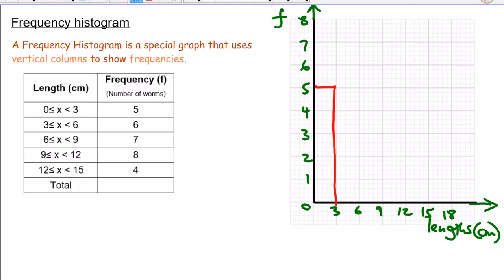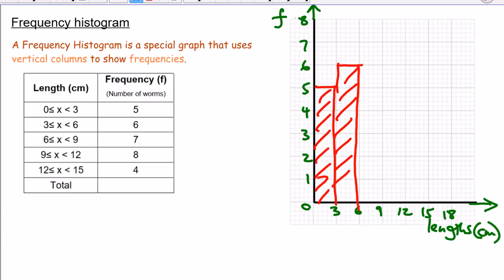The number of worms that measured between 3 and 6 centimeters was 6. The number of worms that measured between 6 and 9 centimeters was 7.